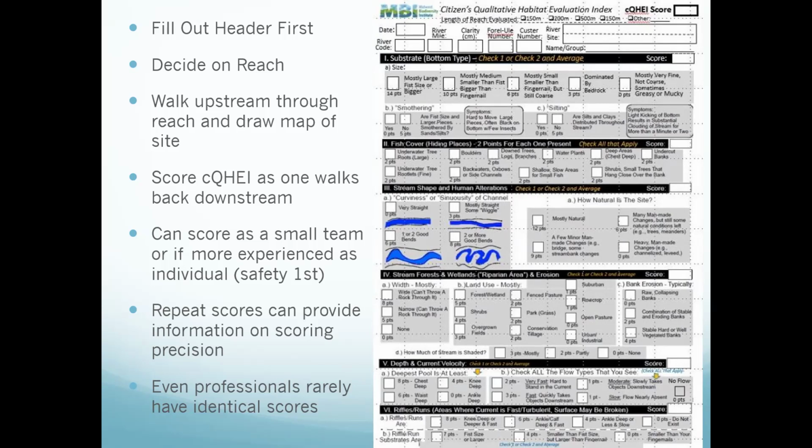Repeat scores can provide more information on scoring precision, so feel free to enter those independently. But we'll note that even professionals rarely have identical scores for their stream assessment, but overall the category of the stream will generally still be the same.